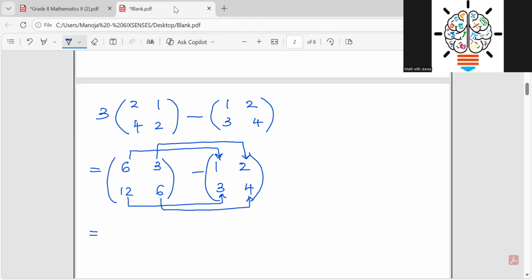But by any chance, if they are negative, please be mindful, because when you are subtracting a negative number, you want to add it. If you can't do it in your mind, please write the steps in the right side corner and get the answer. 6 minus 1, 5, and 3 minus 2, 1, 12 minus 3, 9, 6 minus 4, 2. Like this.